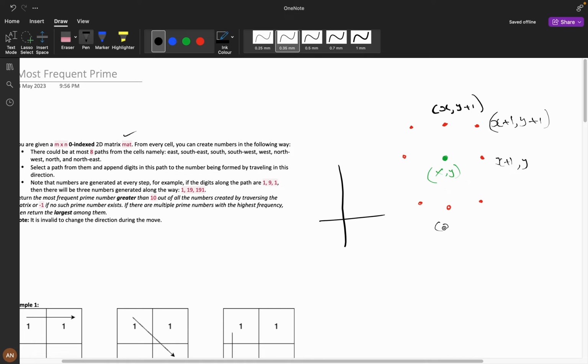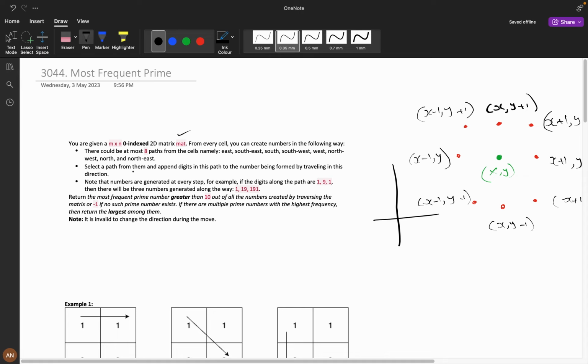This can be x comma y minus 1, this will be x plus 1, y minus 1. Then x minus 1, y, and this node can be x minus 1, y minus 1, and this is x minus 1, y plus 1. So these are all the 8 nodes we have.